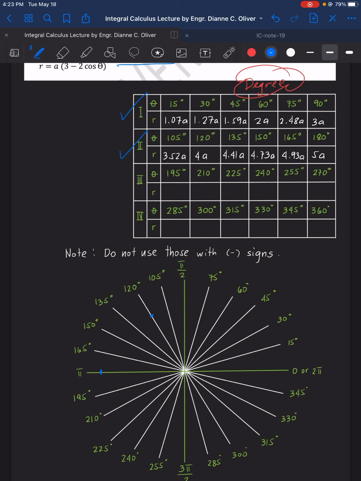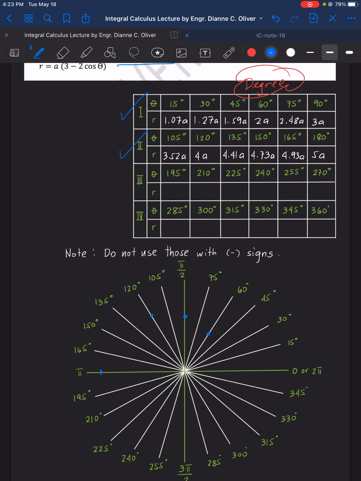Then next will be the 3A at 90 degrees. So this is the 90 degrees. Then let's have 2A at 60 degrees. So let's say this is 2A. Okay.